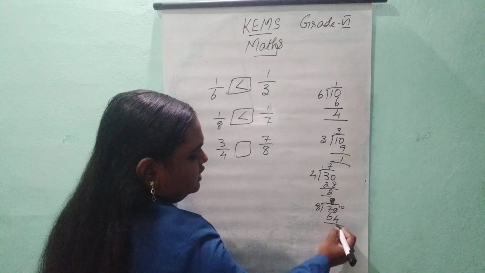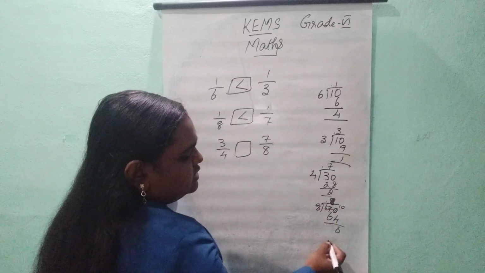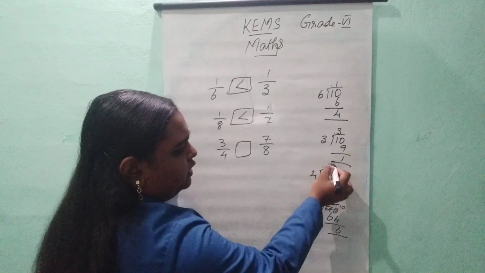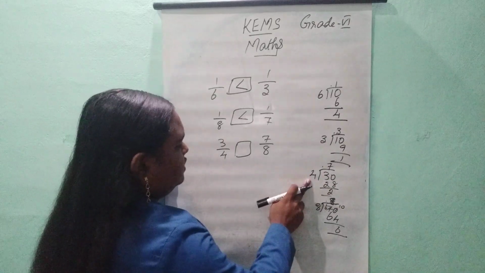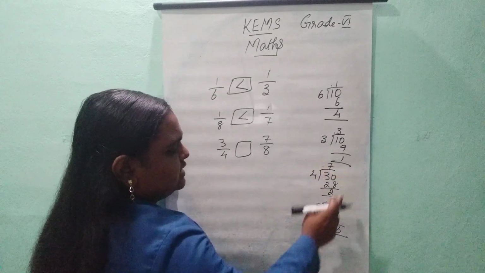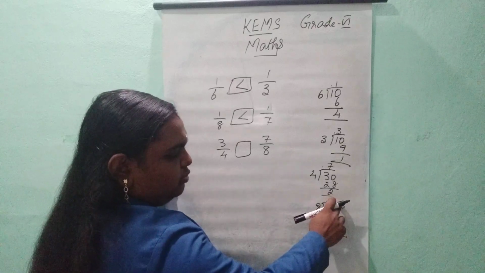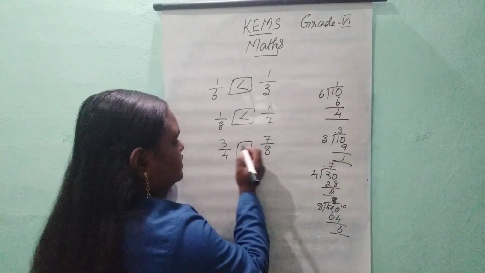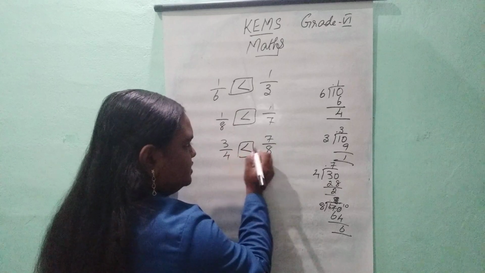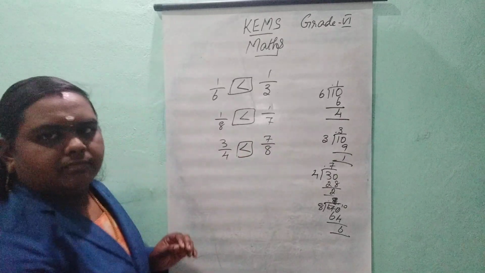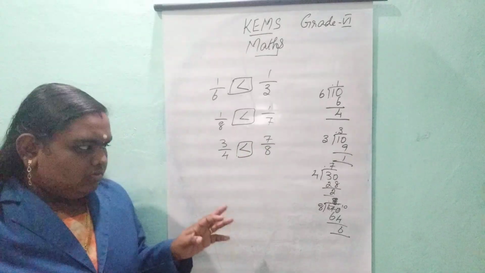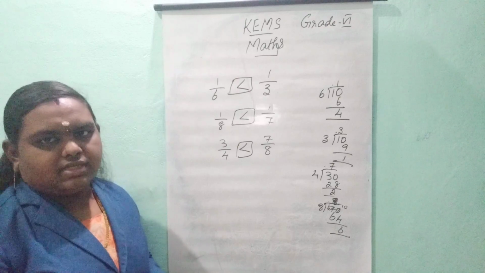So 10 minus 4 is 6, 6 minus 6 is 0. So 0.8 and 0.7. So 3 by 4 is less than 7 by 8, because it is 0.8 and it is 0.7. So this is the smallest number and this is the biggest number. Okay, you have to find the fractions like this.